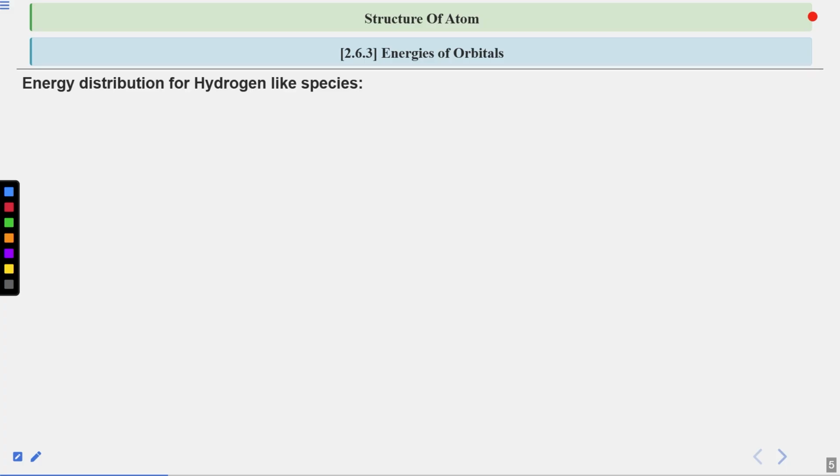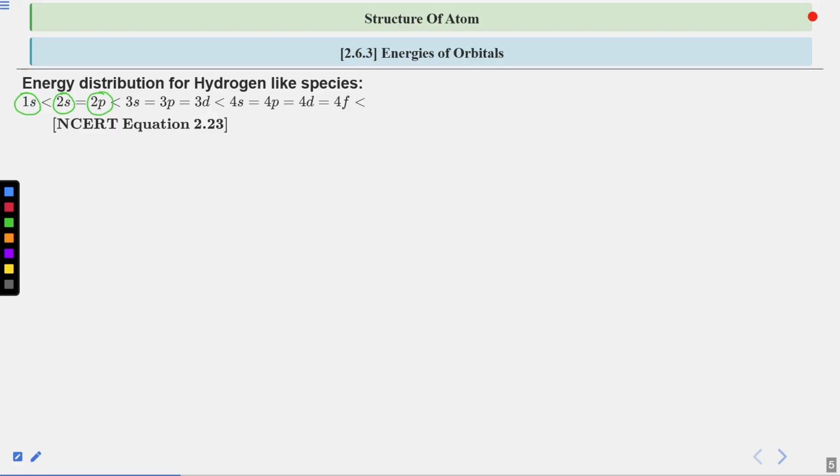Now, in this type of species, the energy distribution looks like this. If I take the first shell, it has 1s. If I take the second shell, then it has 2s and 2p. Both of the orbitals will have the same energy. What about 3s, 3p and 3d? Similarly, they all have the same energy.